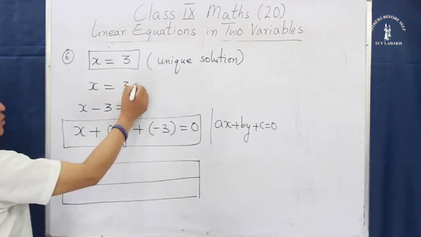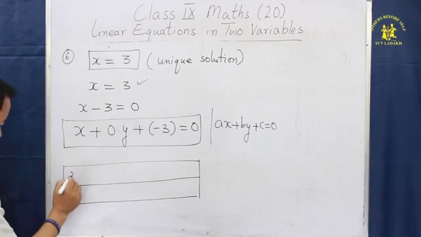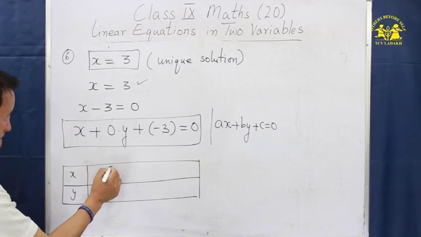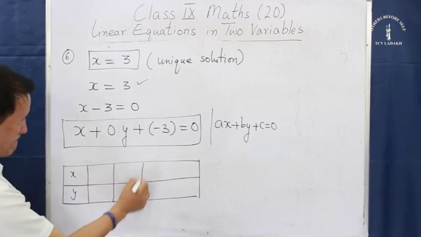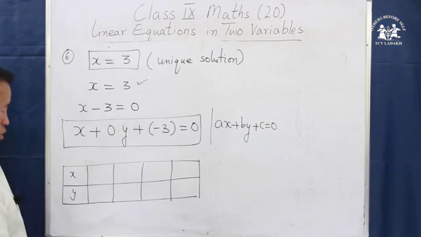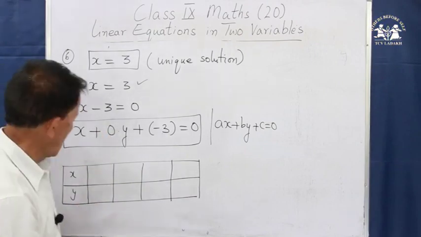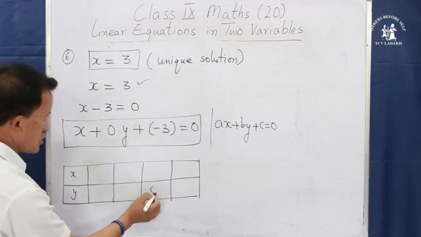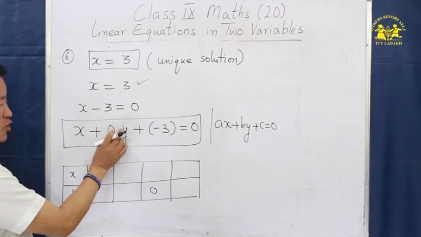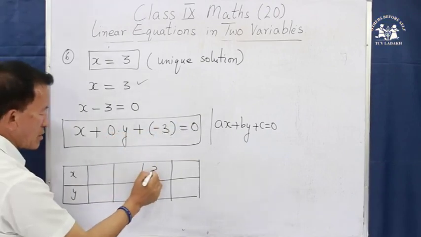In the earlier equation, we know that the value of x is 3. So what we do? We shall take any value for y. Let's say y is equal to 0. If y is equal to 0, 0 into 0 is 0. And then minus 3 will go outside, plus 3.